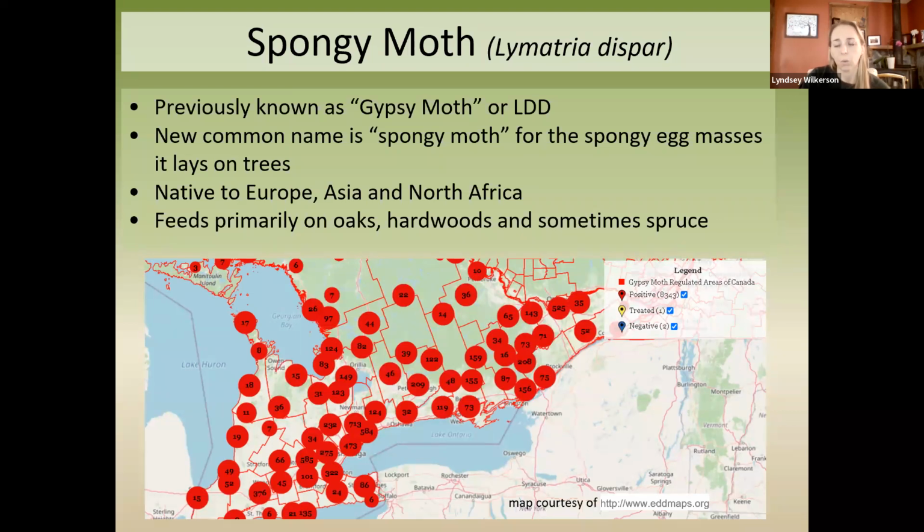This past summer was a particularly hard hit year for the Bruce Trail, Southern Ontario, certain stands of trees. They tend to go after oaks, hardwoods, sometimes spruce. They do have their favorites, but if they're in an area, they are not picky on what tree they will take after.